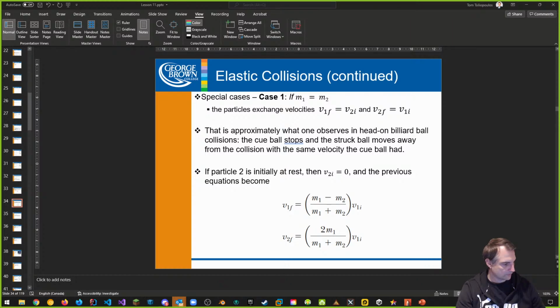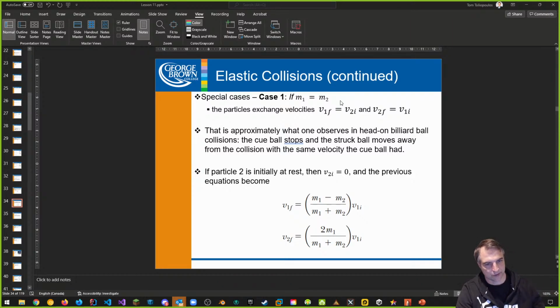If this is the case, then the particles exchange velocities. So they're the same exact size. Then V1 final is equal to V2 initial and V2 final is equal to V1 initial, we just exchange velocities. And that's a special case.